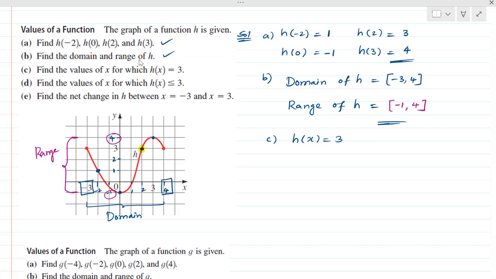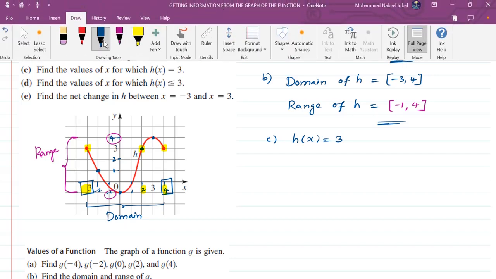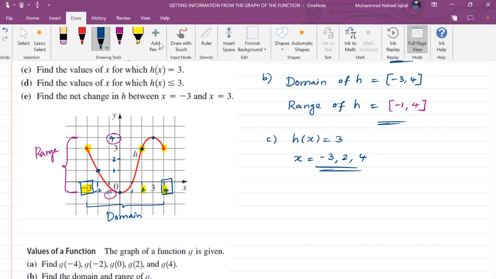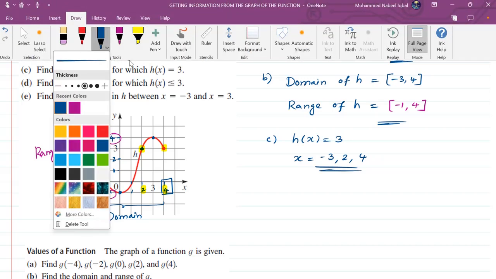What is the corresponding value? x equals minus 3, x equals 2, x equals 4. So h of x equals 3 at minus 3, 2, and 4. On these x points, you will get h of x equal to 3.